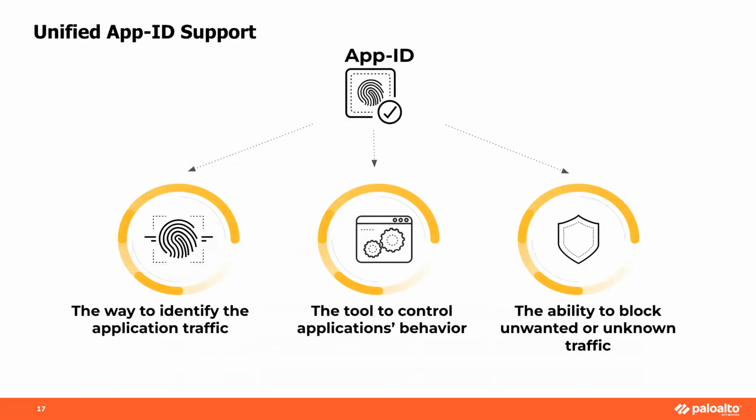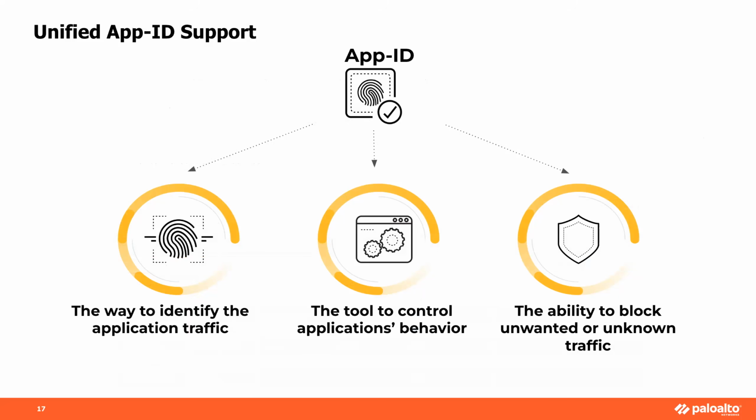One of the key areas where we've extended the support with our most recent release, 6.0, is the unified app ID capability. So far, Prisma SD-WAN was supporting hundreds of app IDs built in as part of the original CloudGenix implementation.